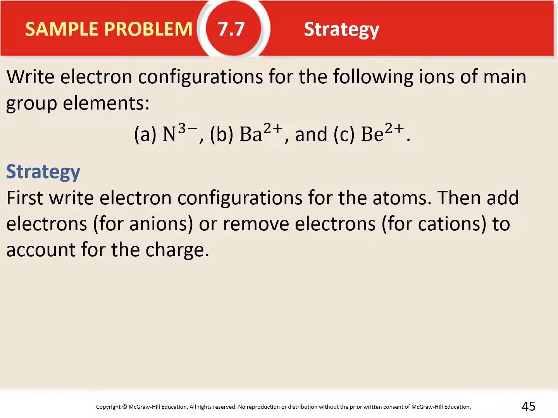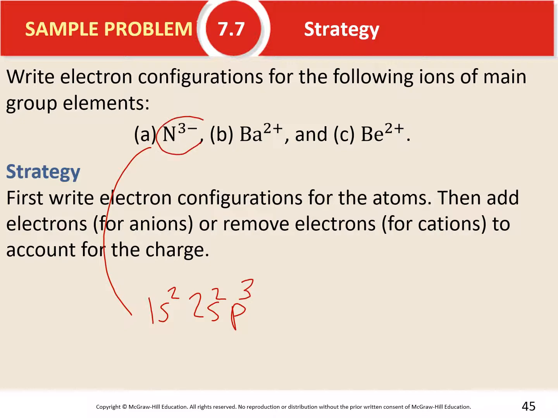Here are some more sample problems for you to go through. Write the electron configurations for the following main group elements. So if I'm looking at nitrogen and I have my periodic table handy, I can do my little trick where each box is representative of an electron in nitrogen. So neutral nitrogen's electron configuration is 1s2, 2s2, 2p1, 2, 3.